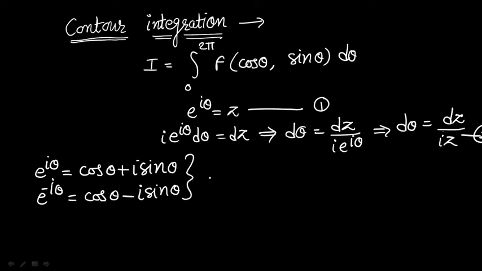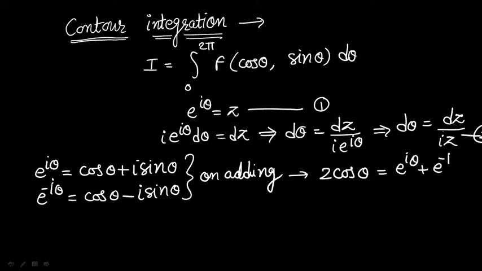If we add these, we get the value of cos theta. That means 2 cos theta equal to e to the power i theta plus e to the power minus i theta. And from this we easily find the value of cos theta.